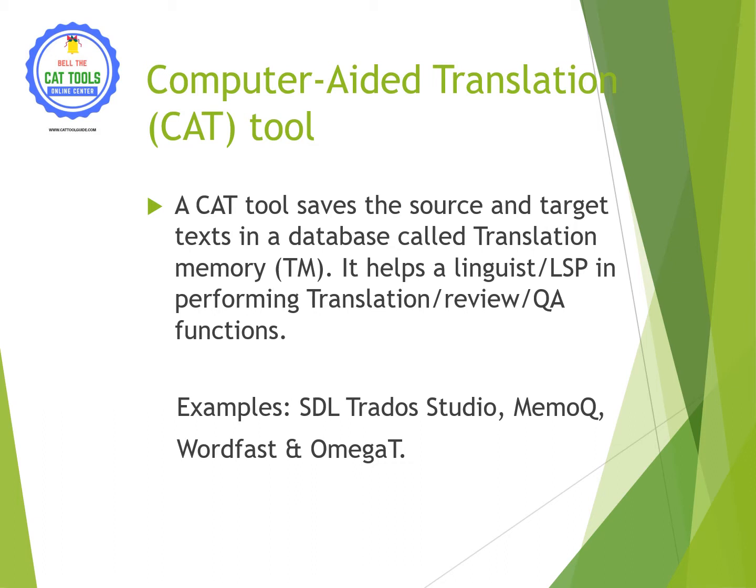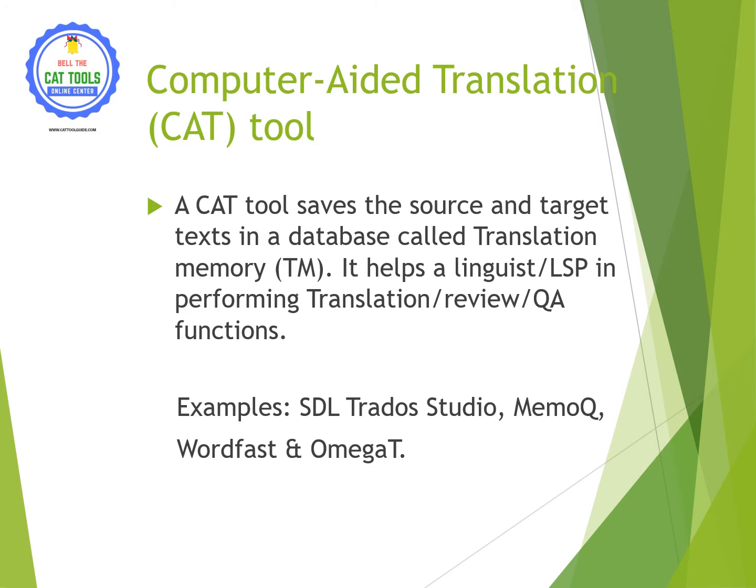By saving all your translation in one location, you can always refer to it, reuse it, and keep building your translation database. The reusability is the main advantage of a CAT tool.